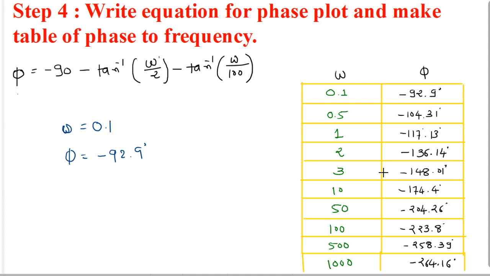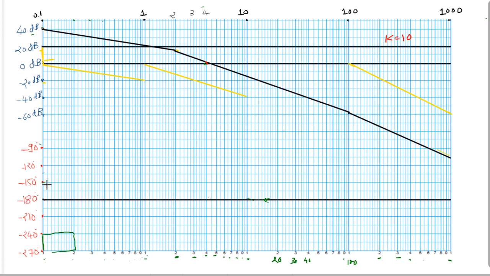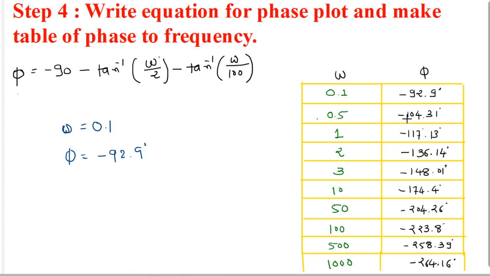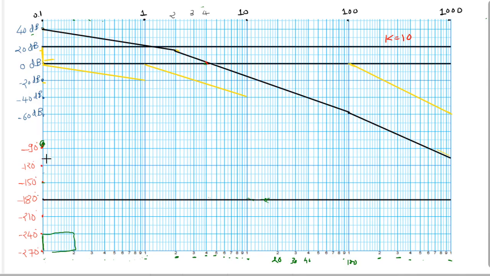At omega 0.1, the phase angle is minus 92.9 degree, that is up to here, approximately. At 0.5, the phase angle is minus 104.31 degree, and that is up to here.